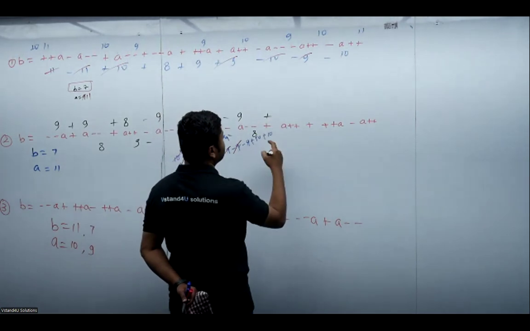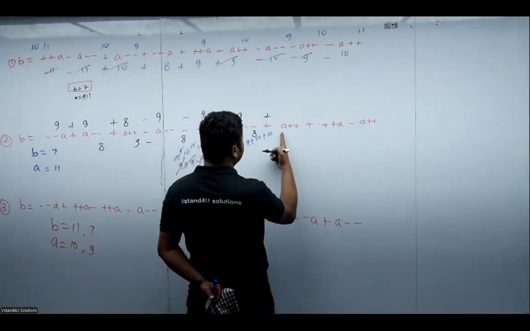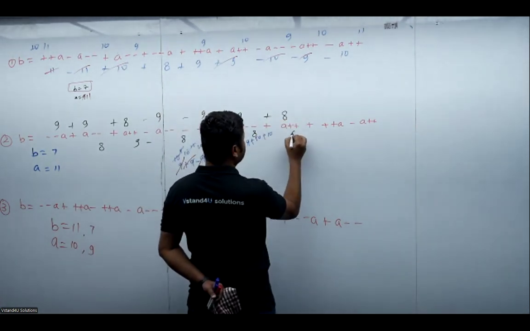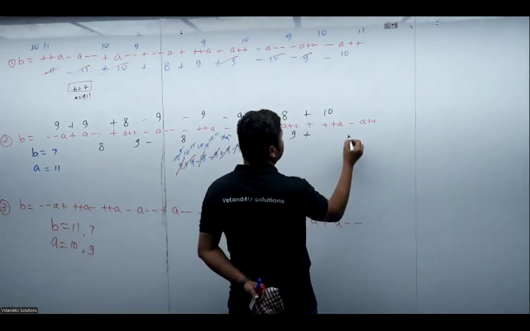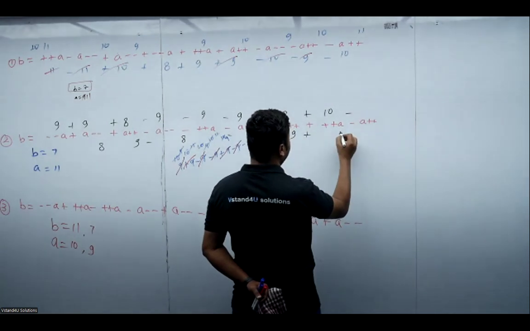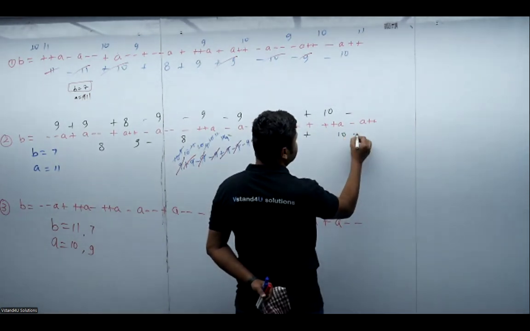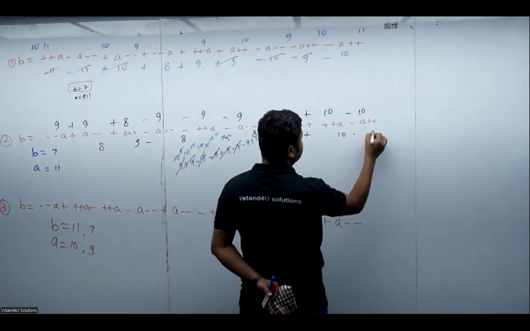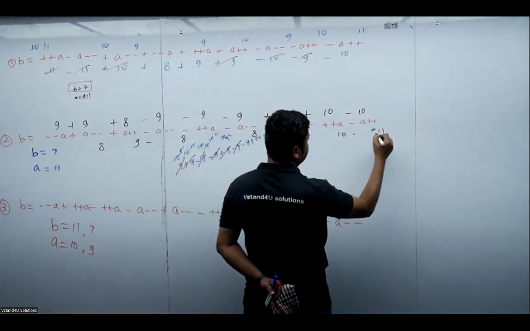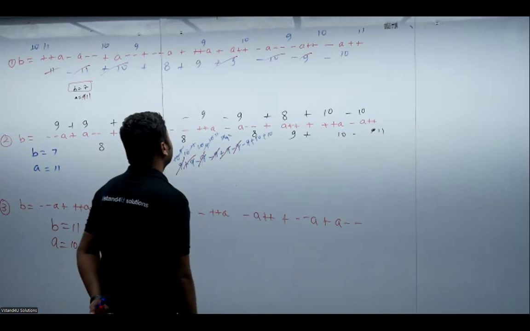Then plus use the current value, ensure to increment, plus use the incremented value, that is 11. Done. Minus, after 10 it comes what? Minus use the current value and ensure to decrement, for increment, 11. Done.